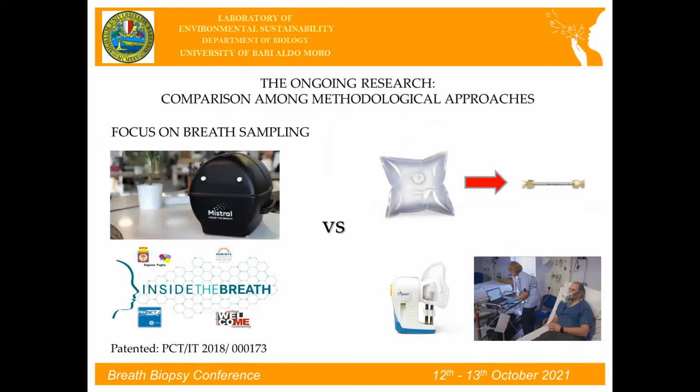The ongoing research is nowadays focused on the development and validation of automatic sampling devices for VOCs collection directly onto sorbent tubes, skipping in this way, as I mentioned before, 1 analytical step and reducing contamination sources.